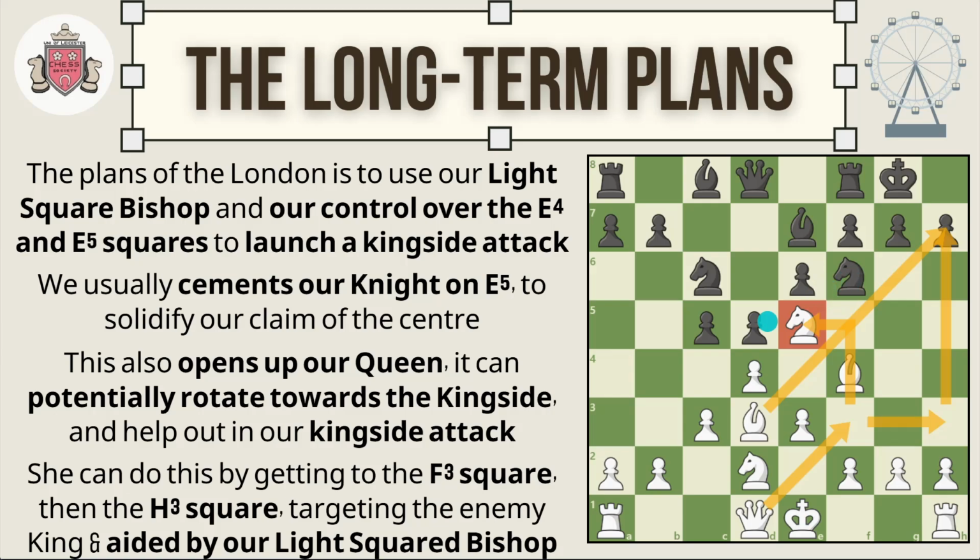So if black takes this, we recapture with our pawn. This forces this knight out of the way. It was the one defender of this pawn, and so our position becomes alive. We basically secured a huge advantage if black takes our knight.